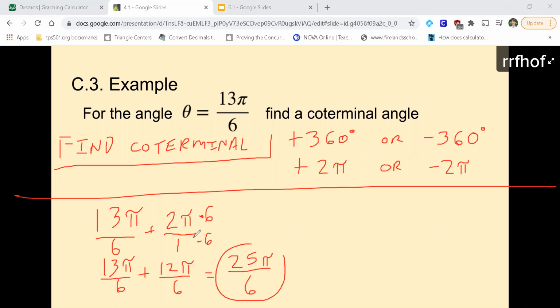So this angle will start and stop at the exact same spots as my original. They are coterminal because this is just one revolution extra than the original.